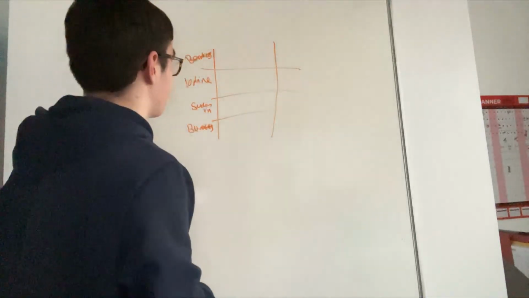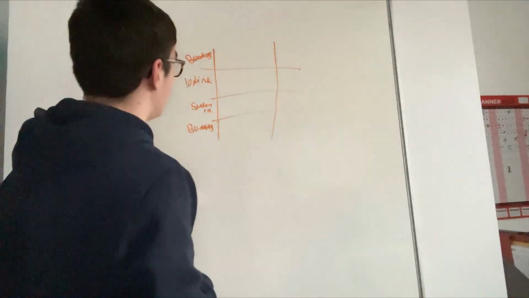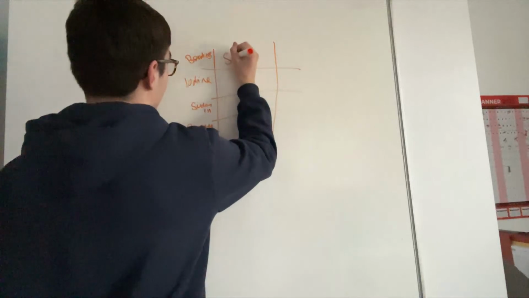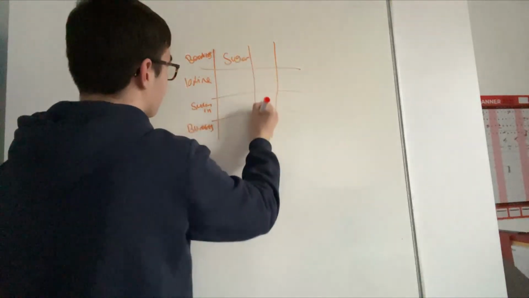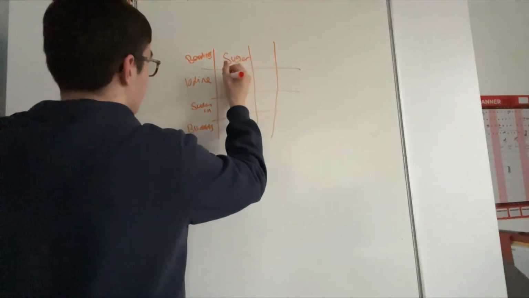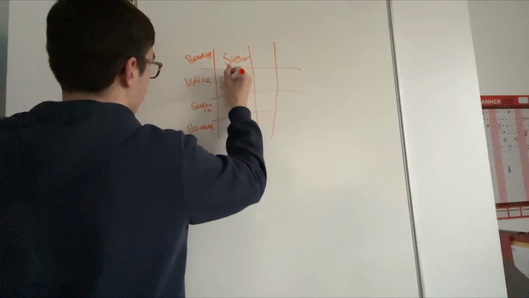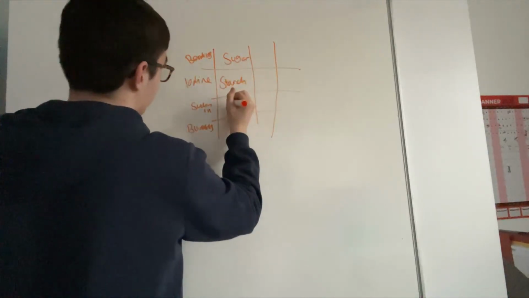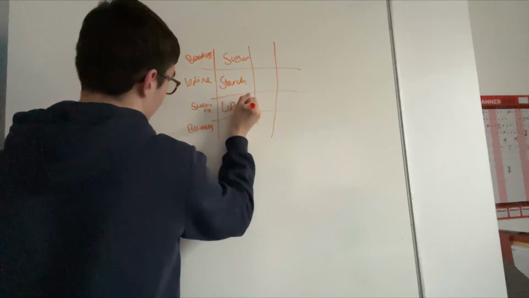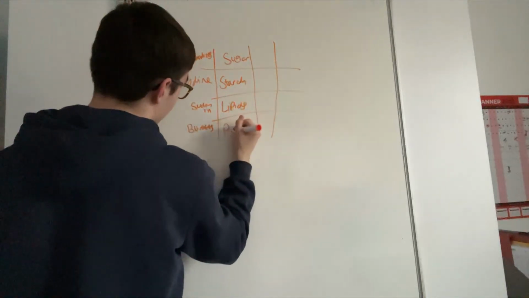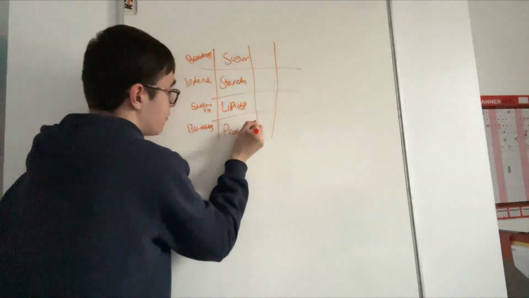Anyways, Benedict solution is used to test sugar. Iodine solution is used to test starch. Sudan 3 is used to test lipids, and Biuret is used to test protein.